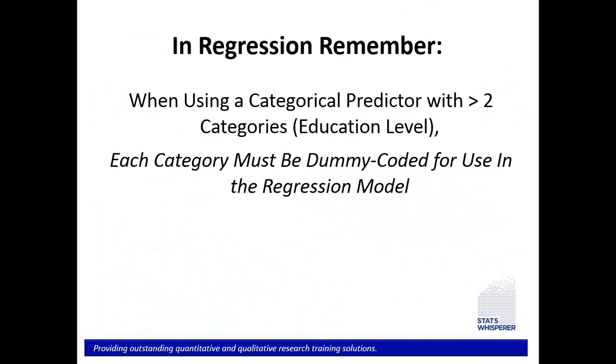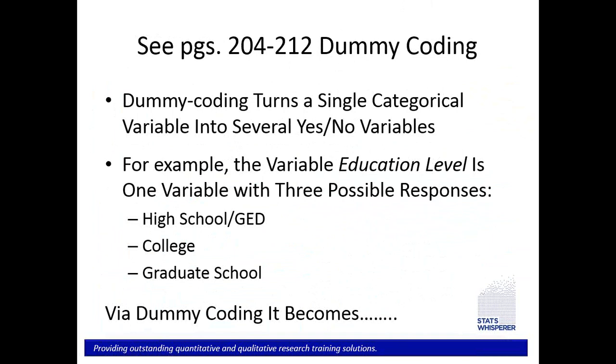So recall again, when using a categorical predictor with more than 2 categories, such as education level, each category must be dummy coded for use in the regression model. And again, on pages 204 to 212 of our 7 Steps of Data Analysis textbook, we see dummy coding.